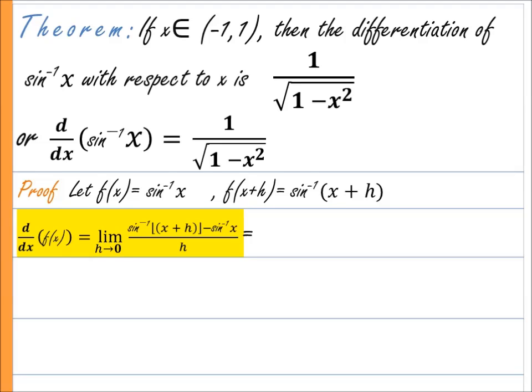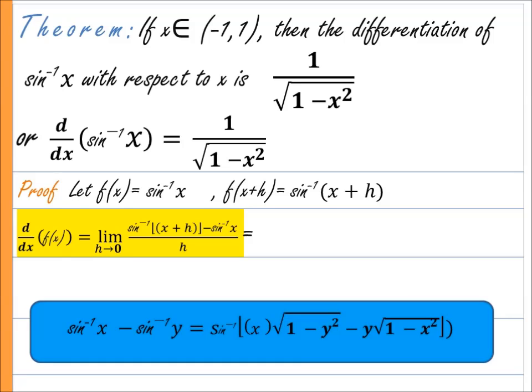And if you remember, you have already learned in the chapter on inverse trigonometric functions that sine inverse x minus sine inverse y is equal to sine inverse of x into under root 1 minus y square minus y into under root 1 minus x square.